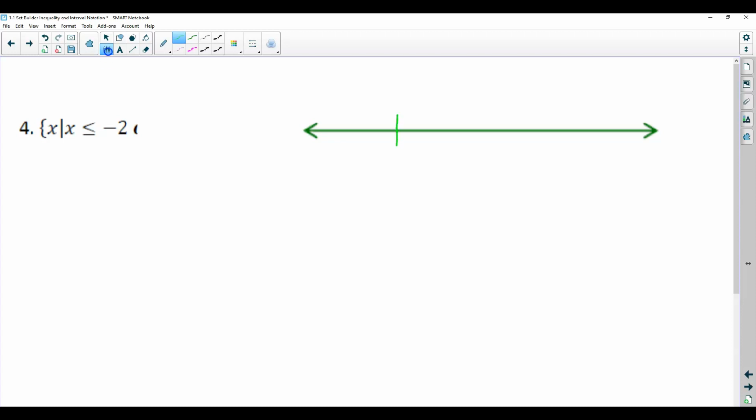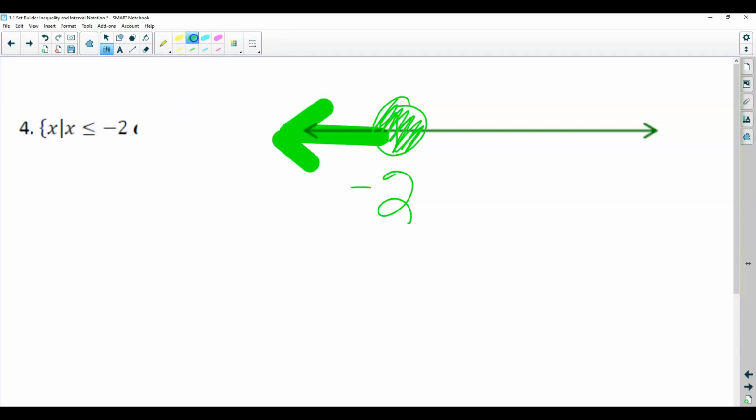So I'm going to draw a -2 over here on the left side. Draw a circle, coloring this in. And I want all the values less than that. So y'all, I'm about to shade the -infinity arrow. And remember, that was shaded in.